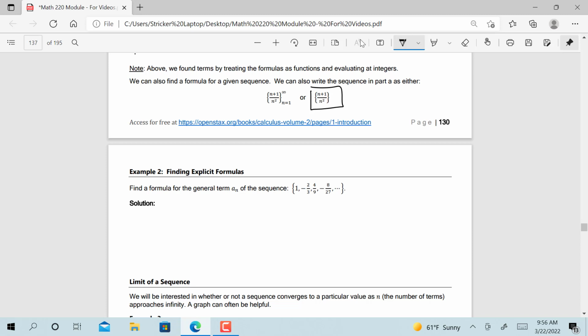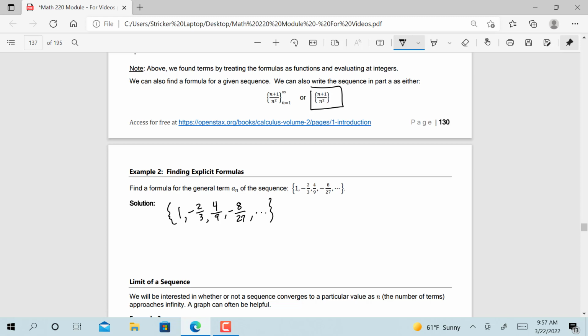So I'm going to start out first just by rewriting this sequence. So we have 1, -2/3, 4/9, and -8/27. Notice first off that the terms of the sequence are alternating. So like we did in the last example, that means we're going to have a negative number raised to a power, and the first term is positive, okay?